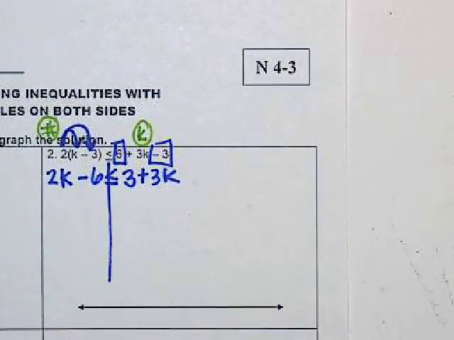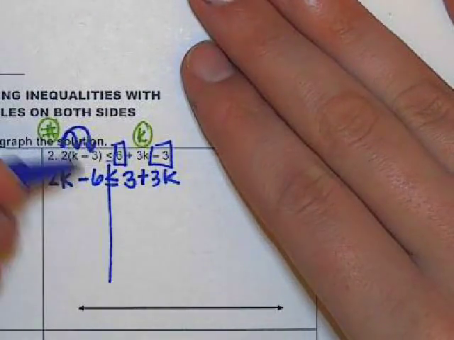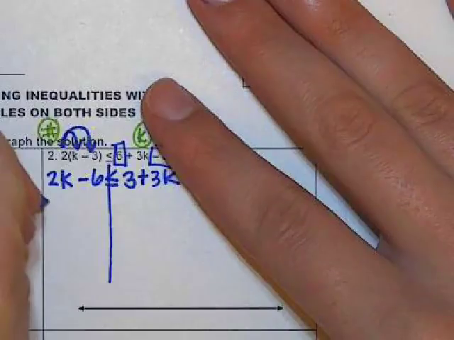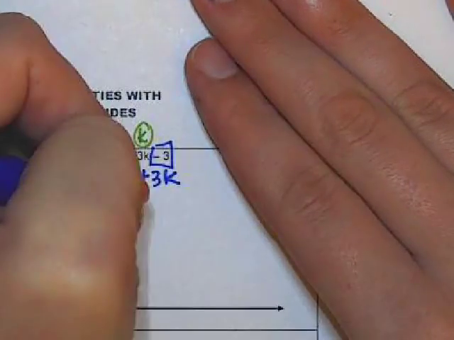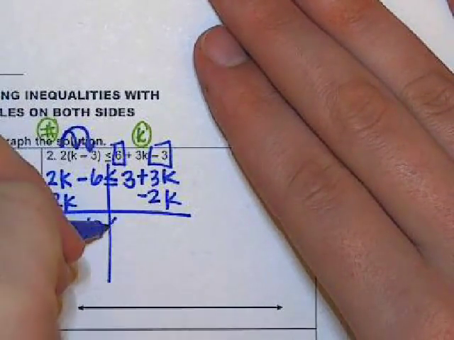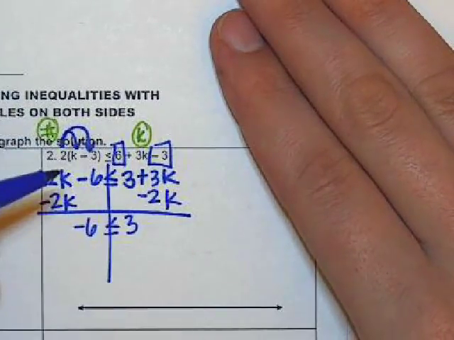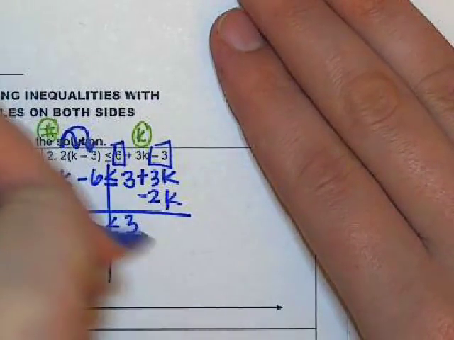Which k is on the incorrect side? 2k is on the wrong side. So what do I do? Minus 2k. Negative 6, less than or equal to. Bring down the 3, and then 3 minus 2 is 1k.